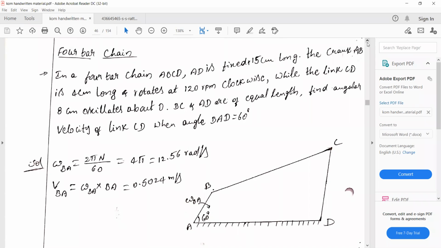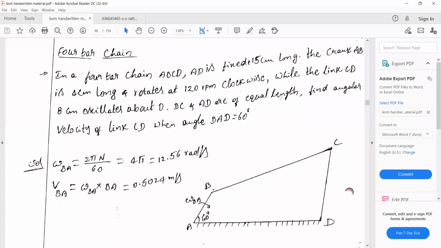The crank AB is 4 centimeter long and rotates at 120 RPM clockwise, while the link CD is 8 centimeter. BC and AD are of equal length.